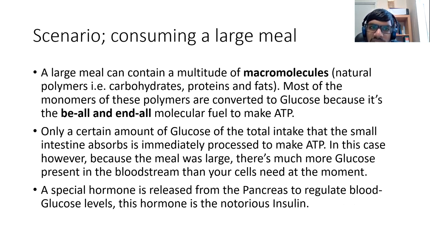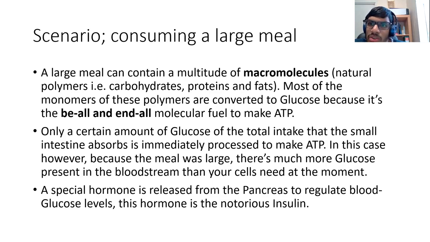And most of the monomers of these polymers are converted to glucose because glucose is the be-all and end-all molecular fuel to make ATP. So this is why often when you consume foods, most of the monomers such as amino acids and fatty acids, and also other isomers of glucose such as fructose and galactose, etc., are converted to glucose because this is the best molecular fuel that we use to make ATP.